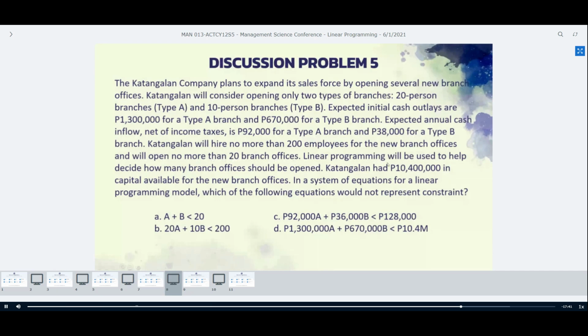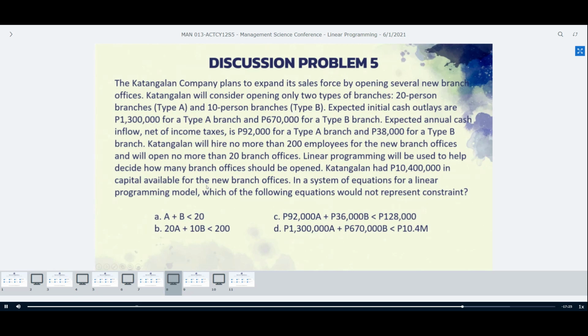Linear programming will be used to help decide how many branch offices should be opened. Katangalan had 10.4 million in capital available for new branch offices.